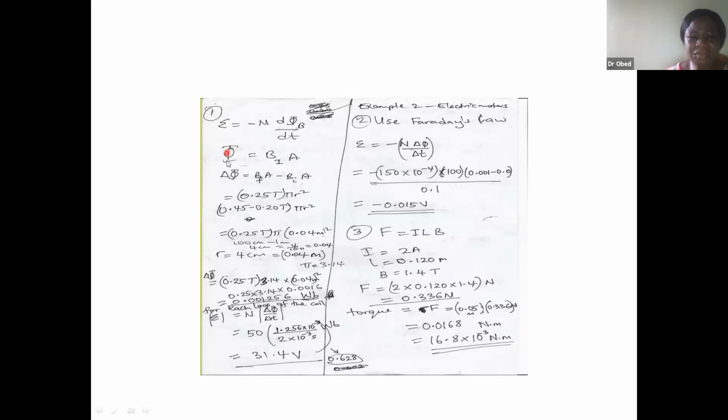The magnetic flux is given by the magnetic field times the area, and the change in flux is given by the final magnetic field times the area minus the initial magnetic field times the same area. Please mute yourself, everybody.